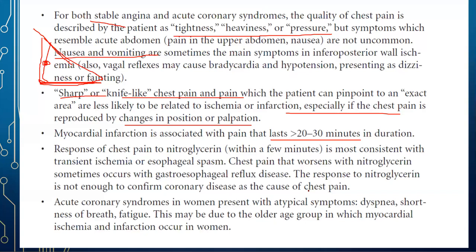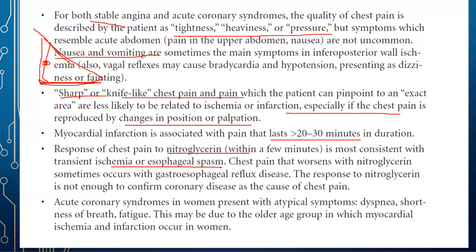If the chest pain is responsive to GTN or nitroglycerin, most of the time it's a stable angina or unstable angina, or it could be esophageal spasm. Remember, esophageal spasm is another condition which comes to you with dysphagia or swallowing difficulty with intermittent chest pain.